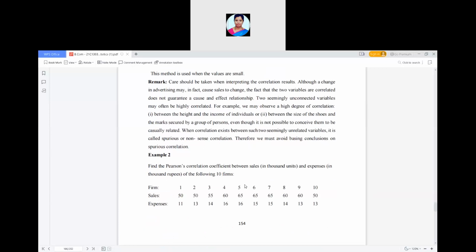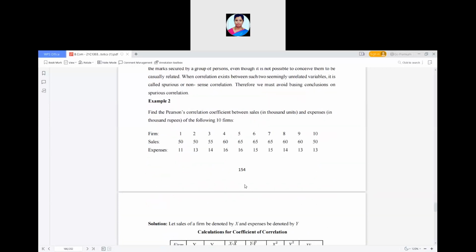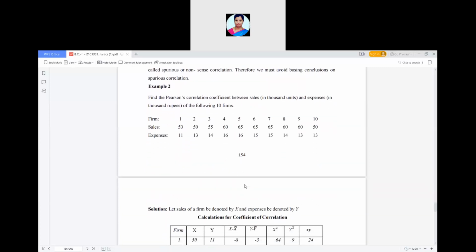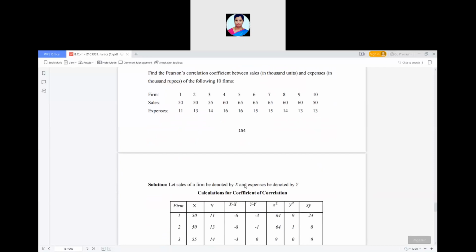We can see this example: find the Pearson's correlation coefficient between sales and expenses for the following 10 firms.